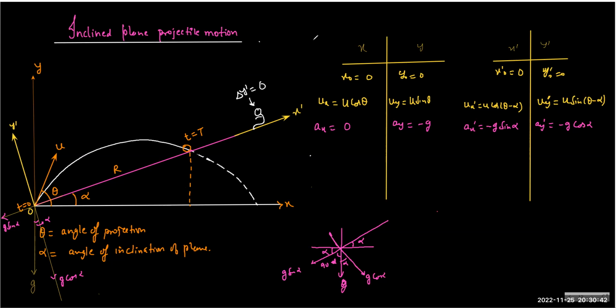Because you know the displacement is 0 in the delta y dash direction, can you write the kinematic equation in that direction and get the answer for time of flight? Will you try, guys? So the first step is to find the time of flight. Everyone, please try this out.